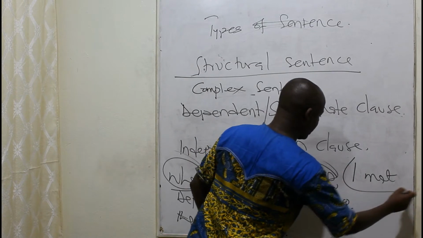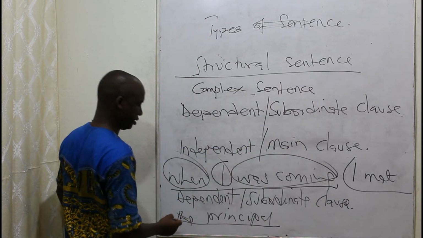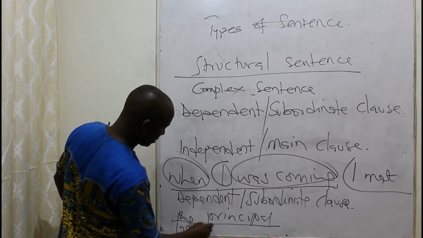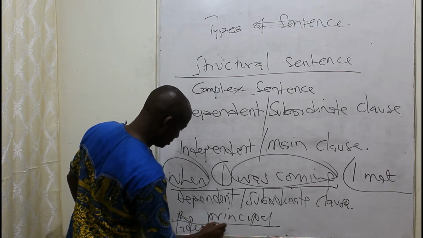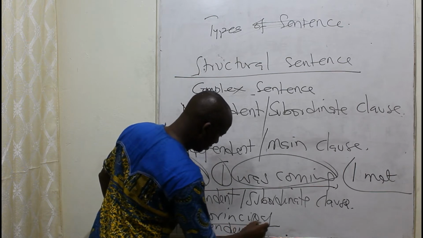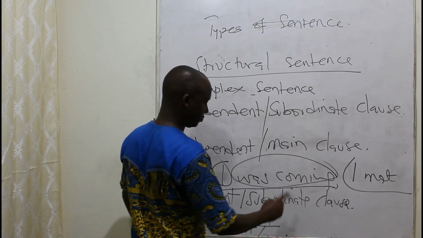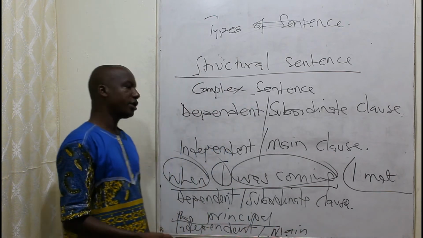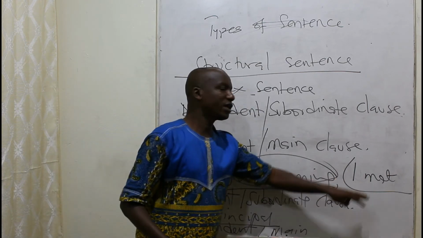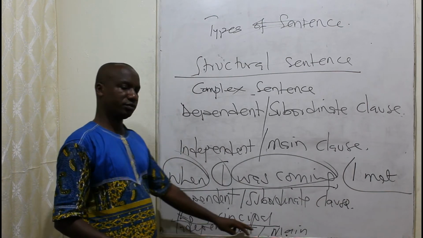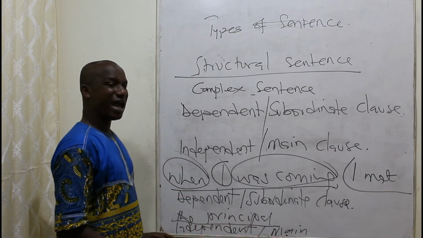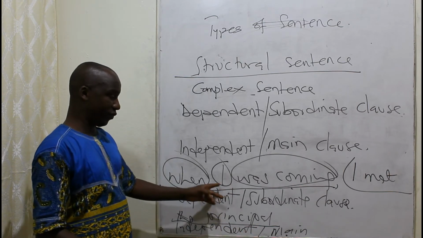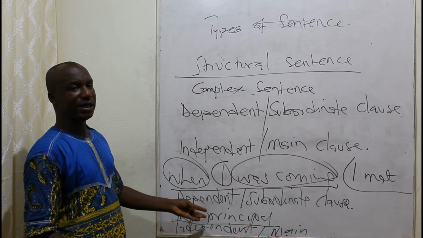Now, this portion is referred to as independent or main clause, because this portion can stand on its own and make a complete sense or meaning without the help of when I was coming, which is dependent.